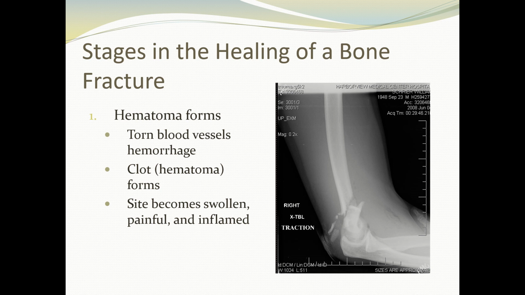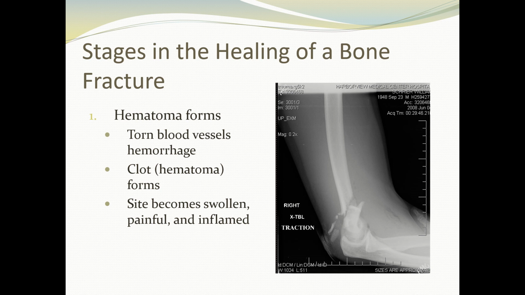As mentioned earlier, it does take a lot of pressure to break a bone, but alas, it happens, and bones do fracture. And so luckily, the bone is very much alive and has a lot of blood and nerves, and so it can heal. In the stages of healing, the first stage is the formation of a hematoma, which is a blood clot. The site becomes swollen, painful, and inflamed.